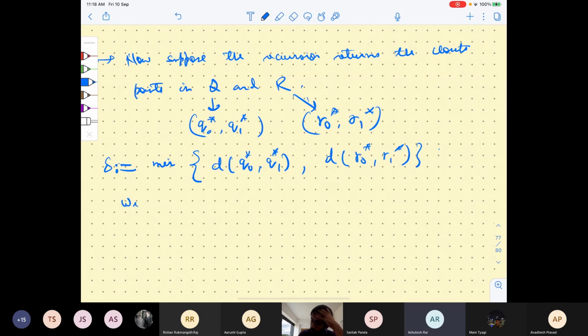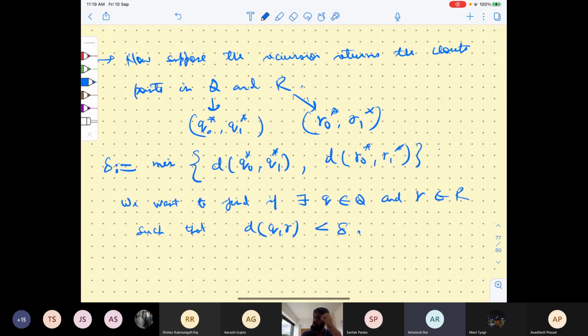Now we want to find if there exists some q belonging to Q and r belonging to R such that d of q comma r is less than delta. This is what we want to figure out.